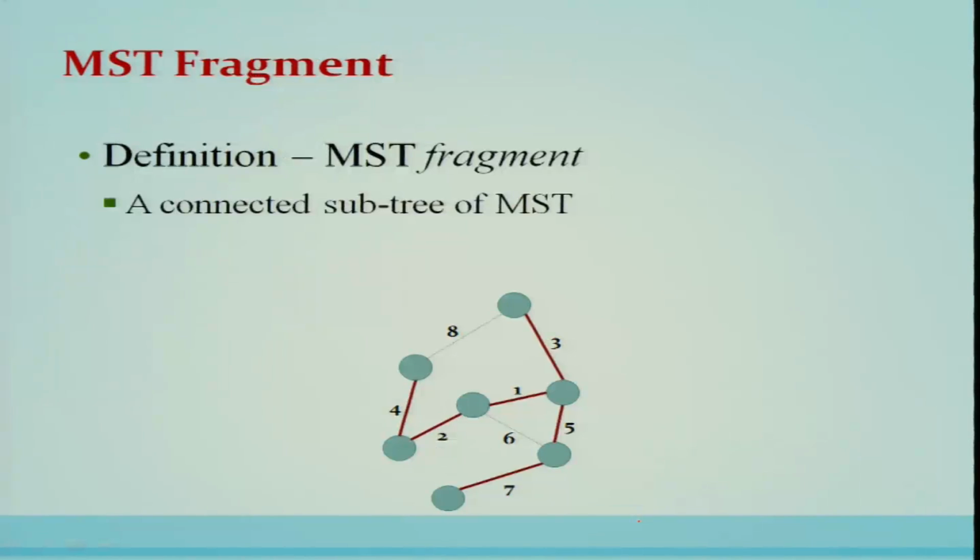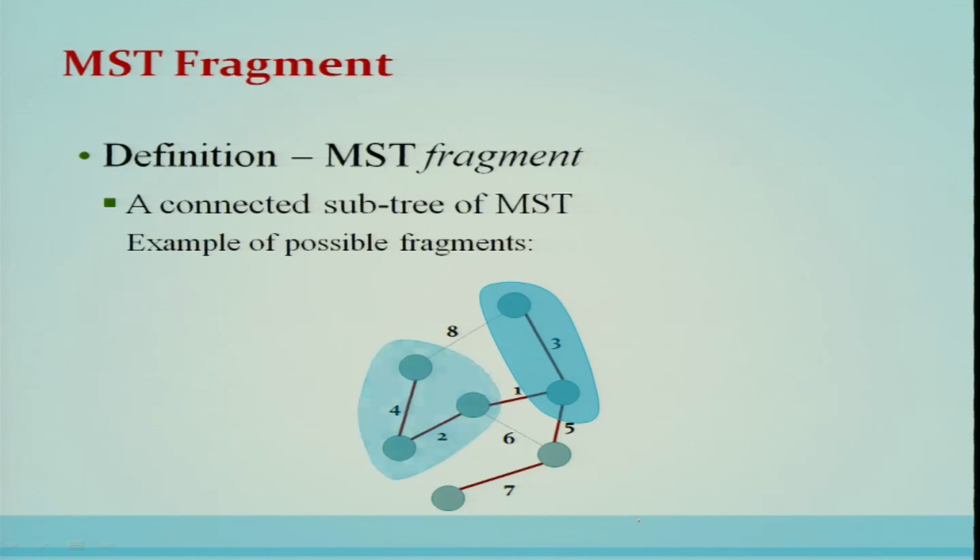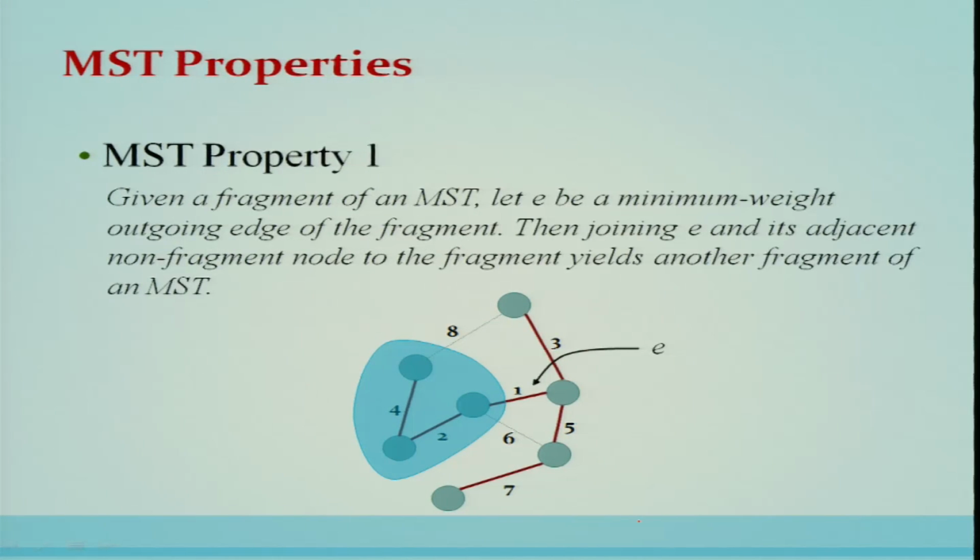Now, an MST fragment is a connected subtree of the minimum spanning tree. You can see in this example that different fragments are possible. Minimum spanning tree properties.